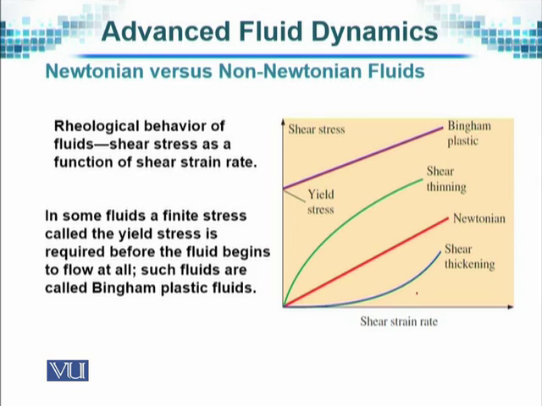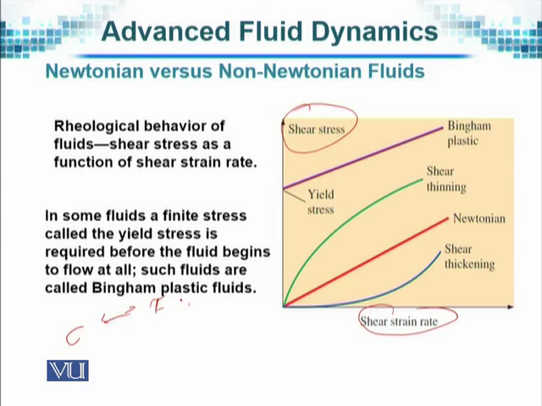Here many things are combined, and you can see the behavior of shear thickening fluids, Newtonian fluids, shear thinning fluids and Bingham plastic fluids, with respect to the shear stress and the shear strain rate. That is the relation between sigma and tau.